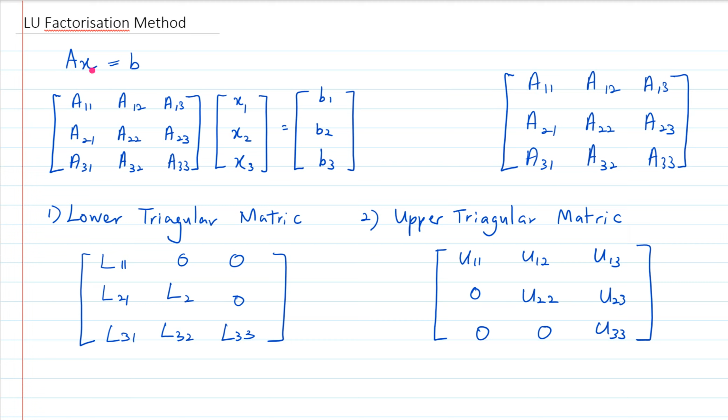This is a common form of linear equation. When we talk about a system of linear equation, we have at least two sets of equations, so we can call it a system. In this case we have 3 sets of equations, for example.